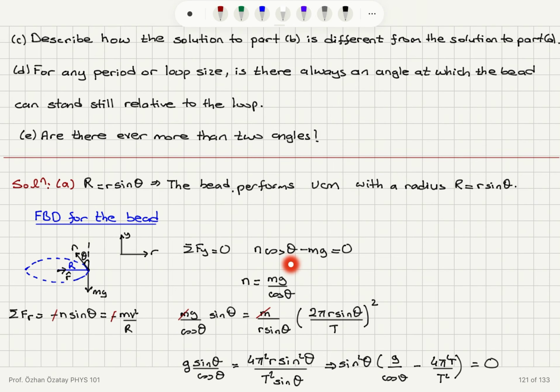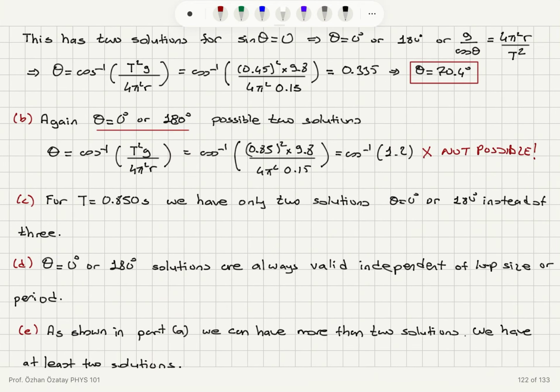And substituting for the normal force mg over cosine theta, we obtained an equation for the angle theta, which says sine squared theta equals 0, or the expression in the parentheses must be equal to 0. This quantity in the parentheses equal to 0 gives us cosine inverse of t squared g over 4 pi squared r, and I was careful about converting centimeters to meters here as well. So this gave us 70.4 degrees as one solution. There were two other solutions, 0 degrees or 180 degrees, from sine squared theta equals 0.